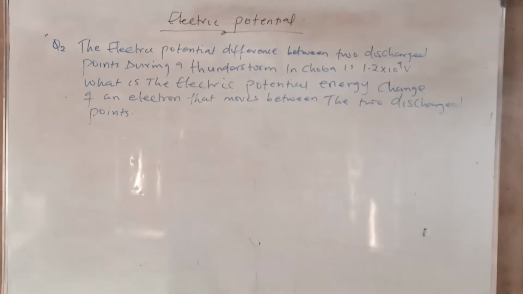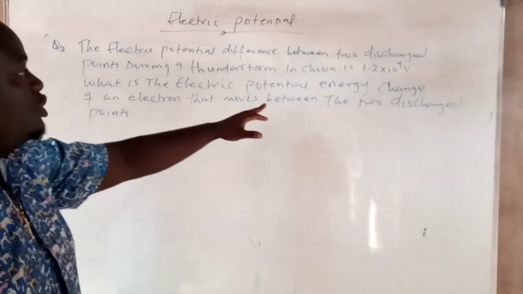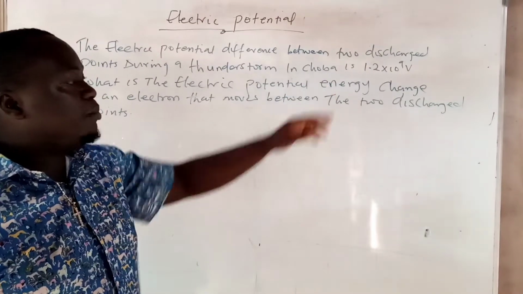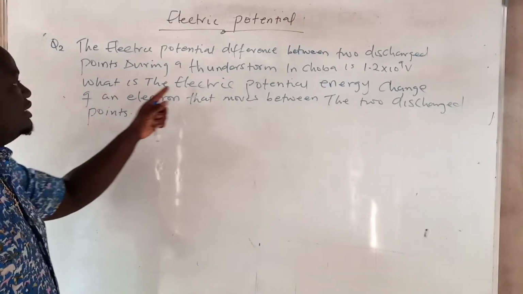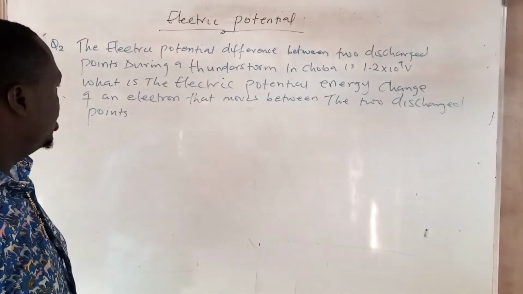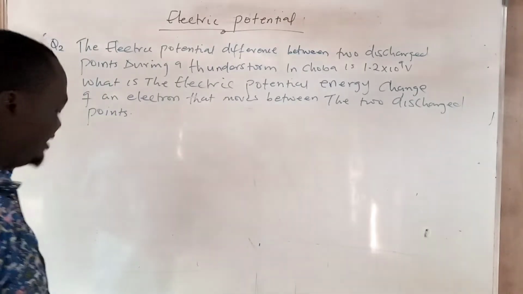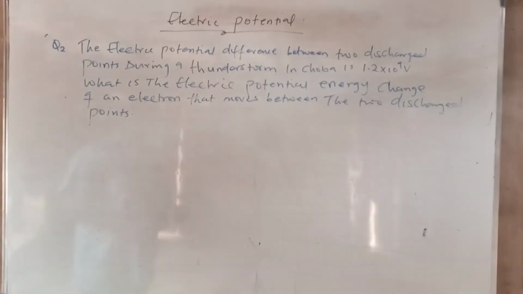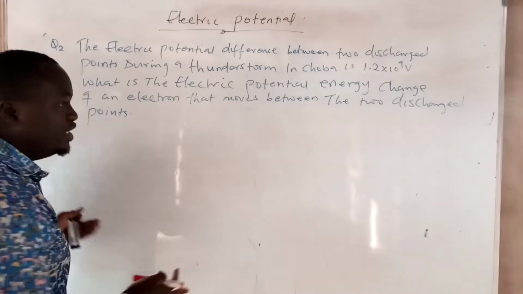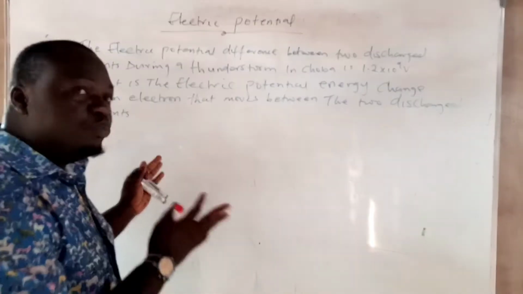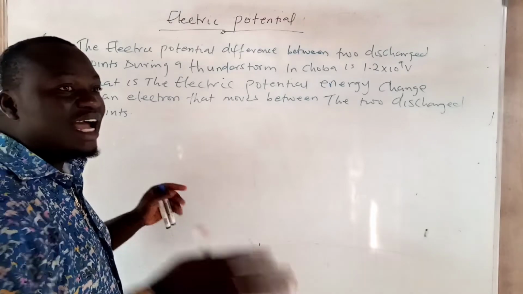Question 2. The electric potential difference between two discharge points during a thunderstorm in Choba is 1.2 times 10 to the power 9 volts. What is the electric potential energy change of an electron that moves between the two discharge points? Remember, we are dealing with the electric potential between 2 points and the change in potential energy.